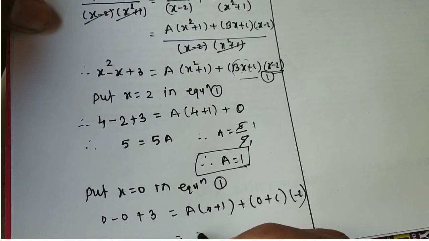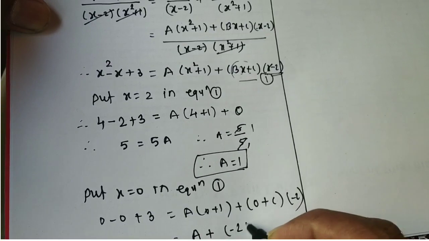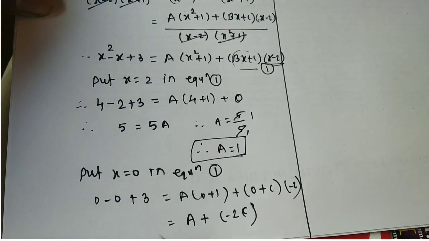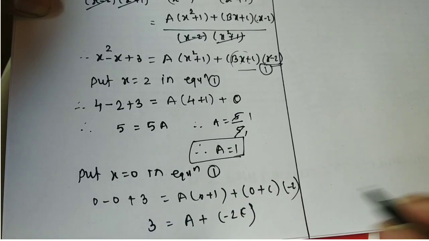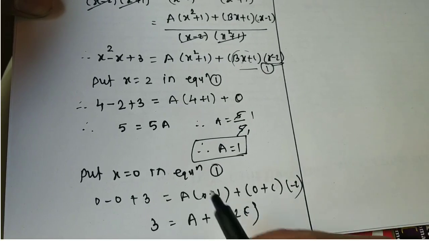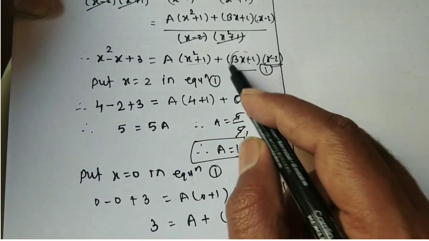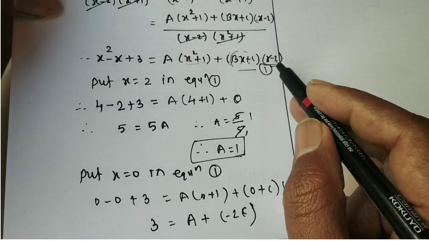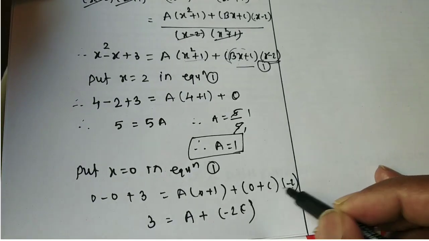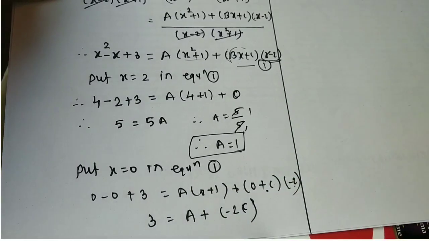So what you will get here is A plus c into minus 2, which is minus 2c, equal to 3. Understood? A into 0 plus 1 is 1, b into 0 is 0 plus c, and 0 minus 2 is minus 2. So minus 2 into c plus 1A equals 3.